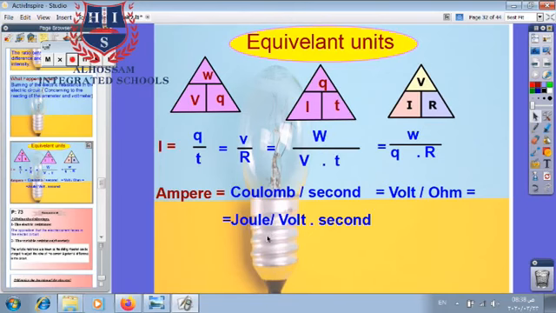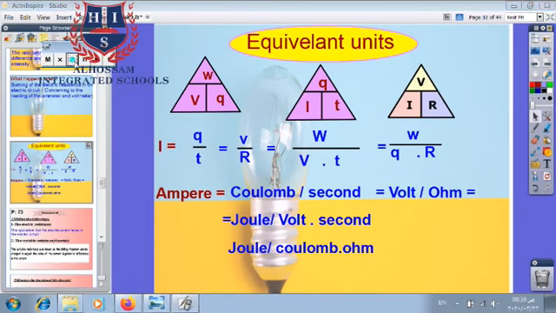Q over T, what is the measuring unit of Q? Coulomb. What is the measuring unit of time? Second. So coulomb per second is equivalent to ampere. V over R. What is the measuring unit of V, or the potential difference? Yes, volt. What is the measuring unit of the resistance? It is ohm. So volt per ohm is equivalent to ampere also.